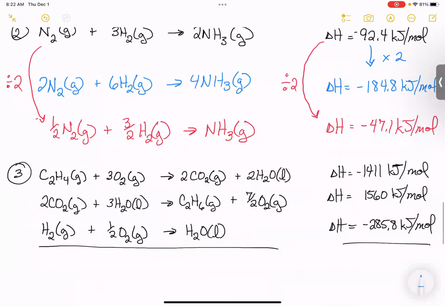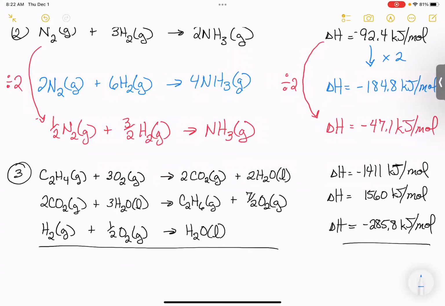For our last process, if you'll recall, I said that if the reaction is the result of some subreactions, then the enthalpy is the sum of those subreactions. So looking at this, now let's figure out what the reaction is. To figure out what the reaction is, what you're looking at is, okay, I have C2H4 gas on the reactant side.